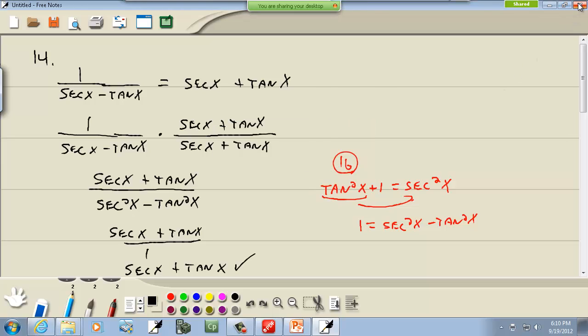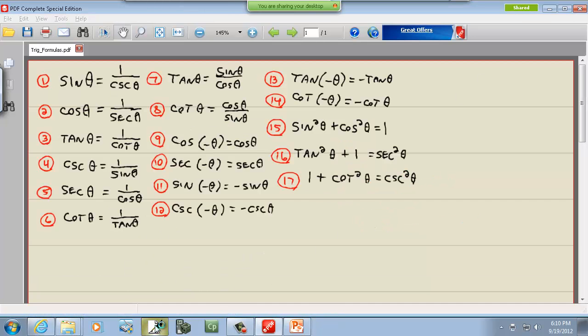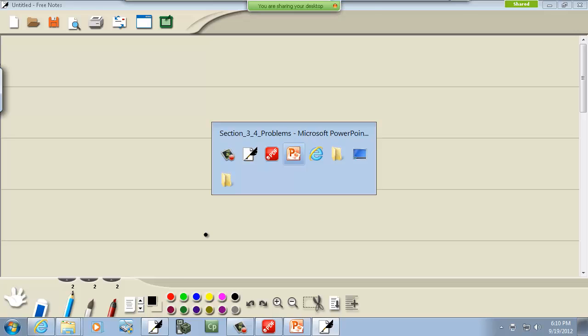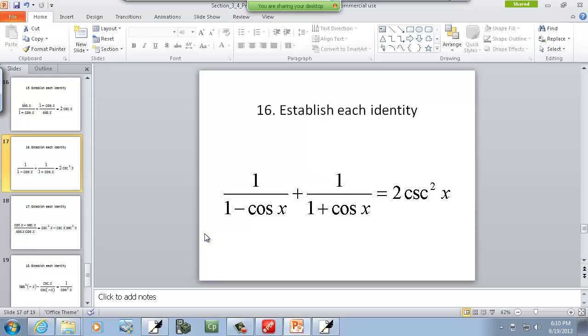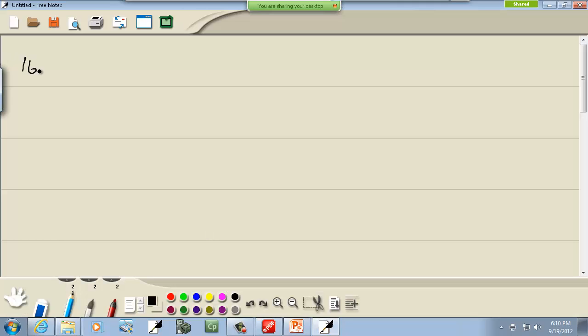And let's look at our next problem. We got 1 over 1 minus cosine x plus 1 over 1 plus cosine x equals 2 cosecant squared x.